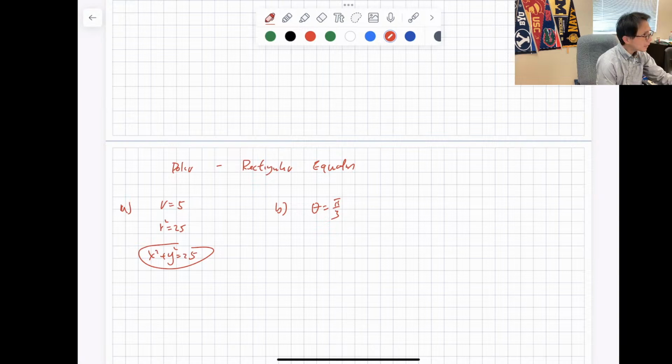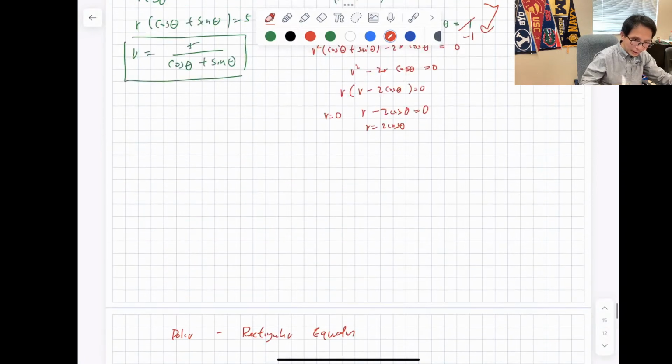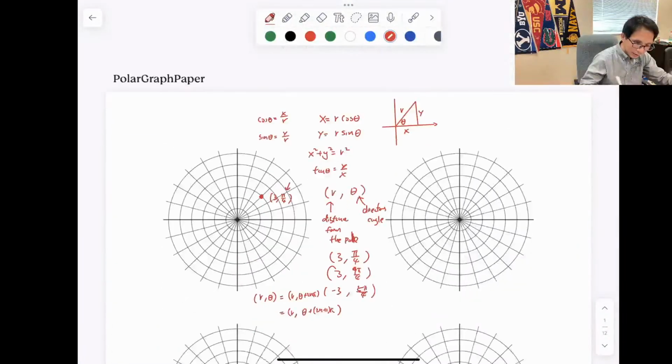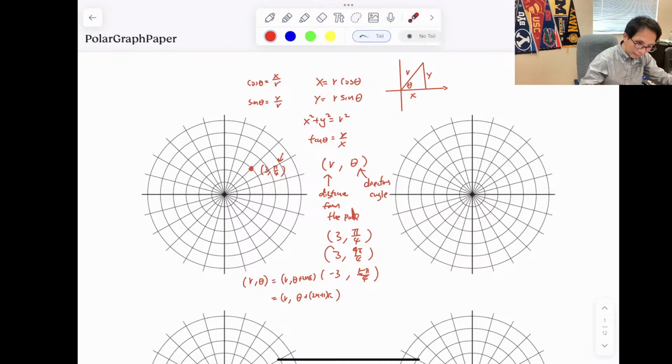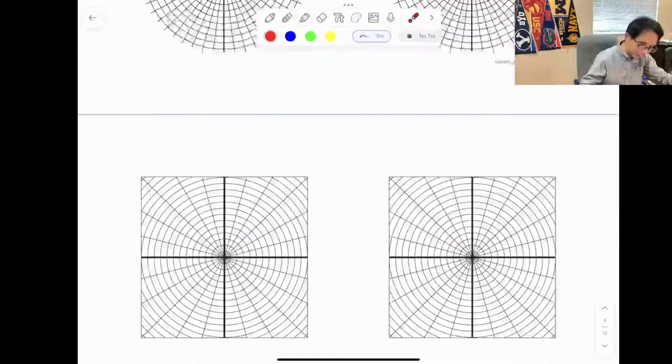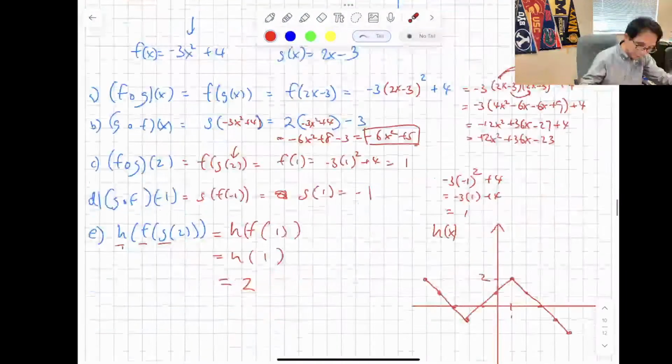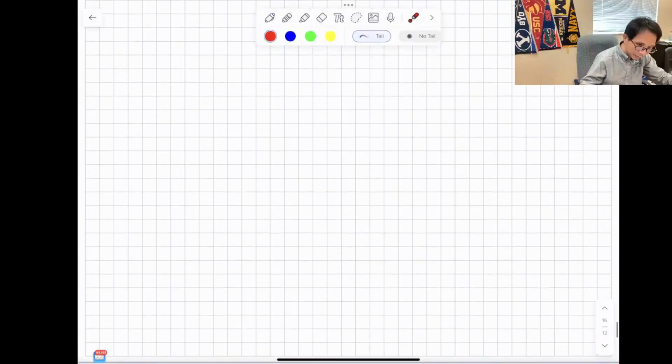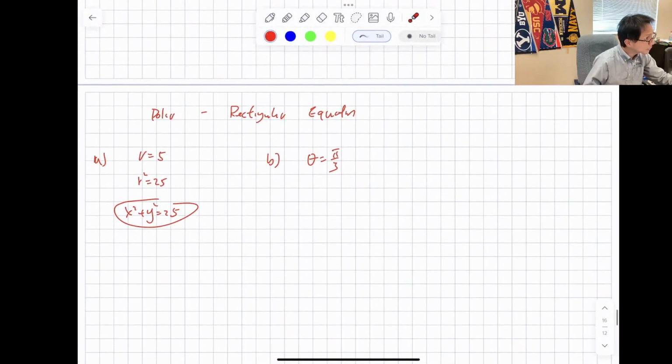First of all, let's understand what theta equal to pi over 3 looks like. What kind of equation would it look like in rectangular form? A linear line. Obviously, a line like this, right? So we got a representation of that line. So how do I do that if I have just theta equal to pi over 3?